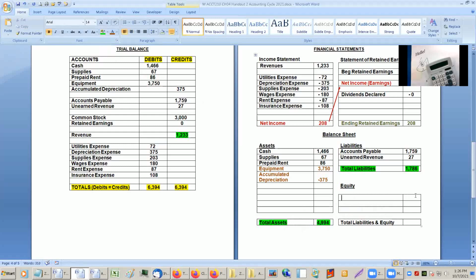And equity is going to be common stock. $3,000. Ending retained earnings.